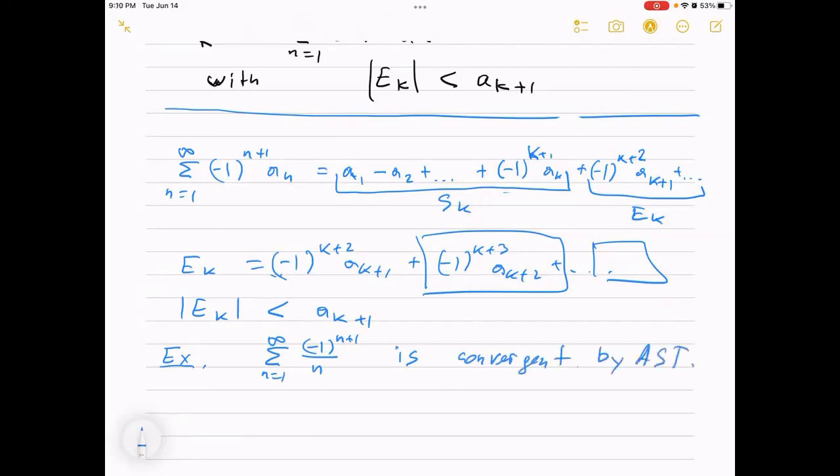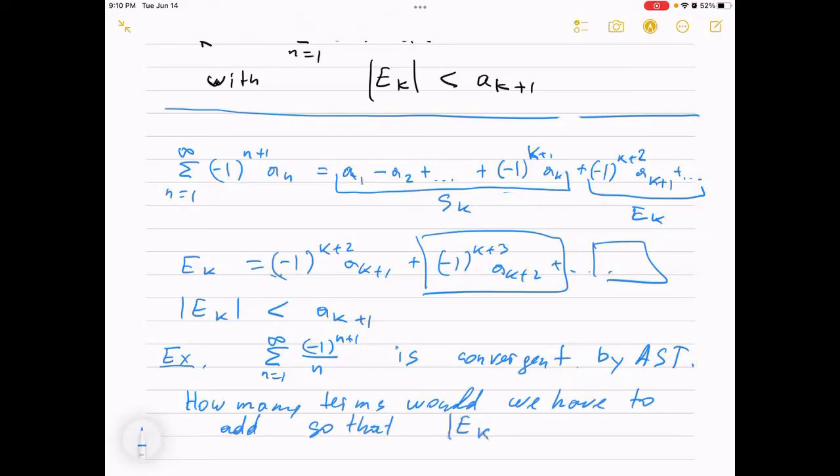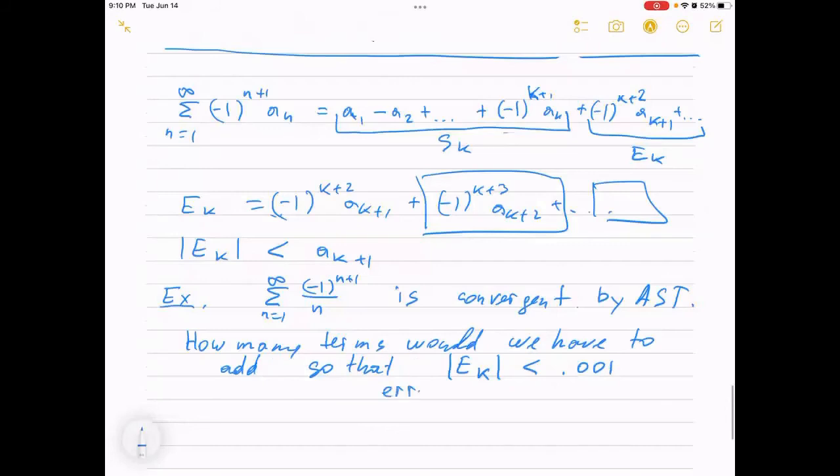So the question is, how many terms would we have to add so that the error, which is E_k, will be less than 0.001. So that the magnitude of the error will be less than 0.001.